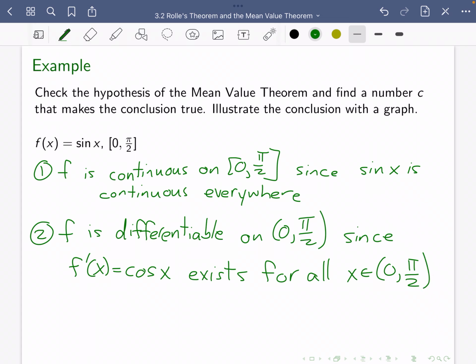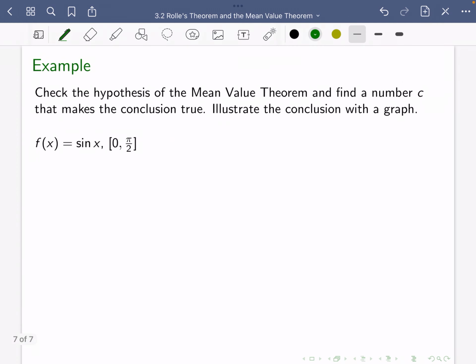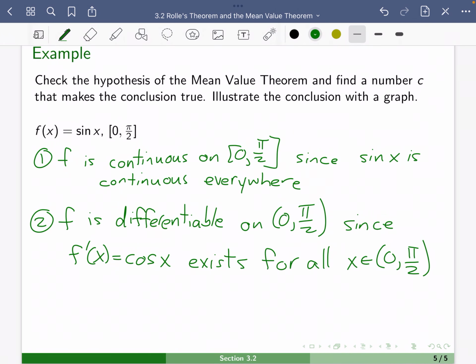Right? That derivative exists everywhere. Now, with the mean value theorem, it only needs to have those two pieces. We don't require equality at the two endpoints. We just require continuity on the closed interval and differentiability on the open interval. If we have those two things, then the mean value theorem holds.